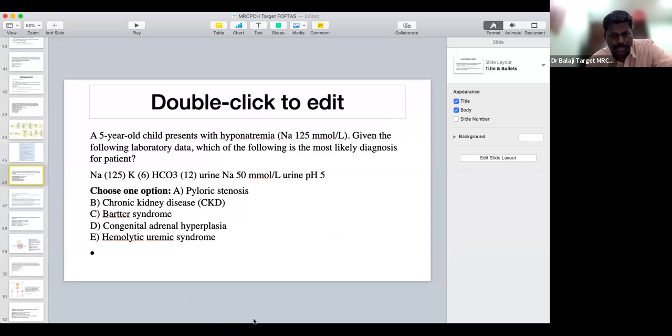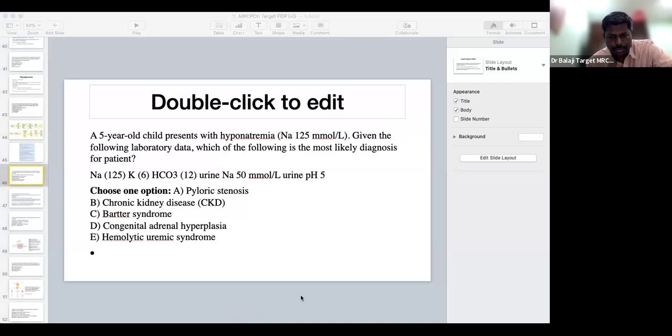So who wants to take? Here sodium is low, potassium is high, bicarbonate is low. Urinary sodium, we usually keep it at 20, so it's a bit high.